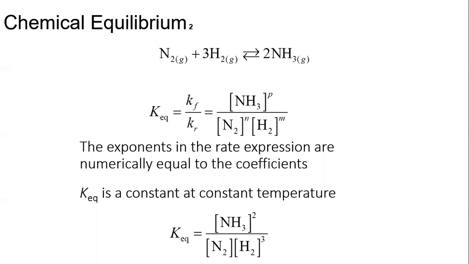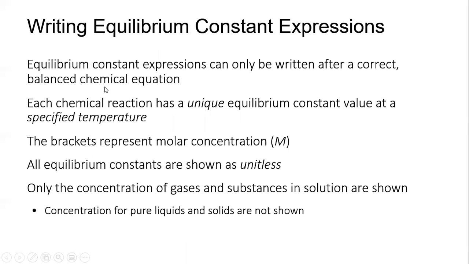You put the products over reactants and you raise them to the coefficient that's in front of the product or reactant. So when you're writing the equilibrium expression, it has to be done after balancing the equation. And for the equilibrium constant, it has to be specified at a particular temperature, because with the change in temperature, you can change the equilibrium constant.